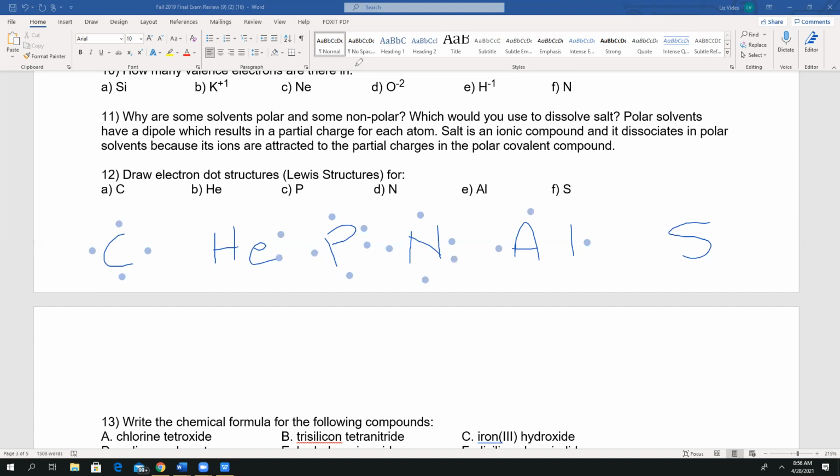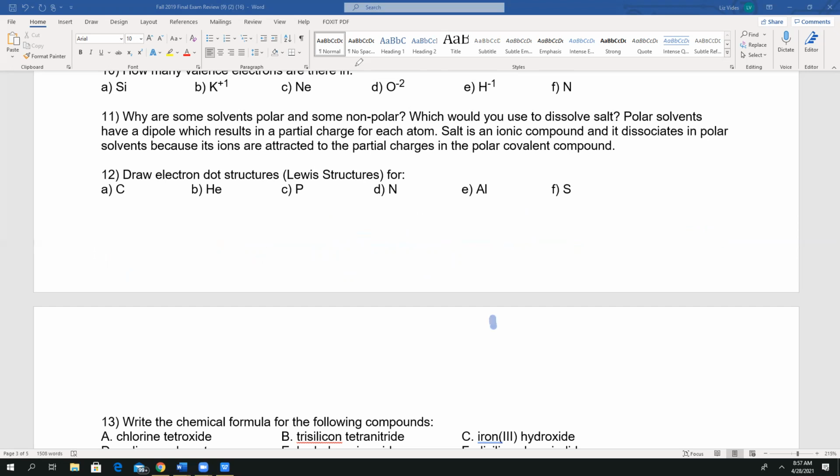And sulfur is in group 6, 1, 2, 3, 4, 5, 6. There you go. So simple. I told you. Super easy. All right. Now comes the harder part, the naming. It's been a while since you guys had to do this.